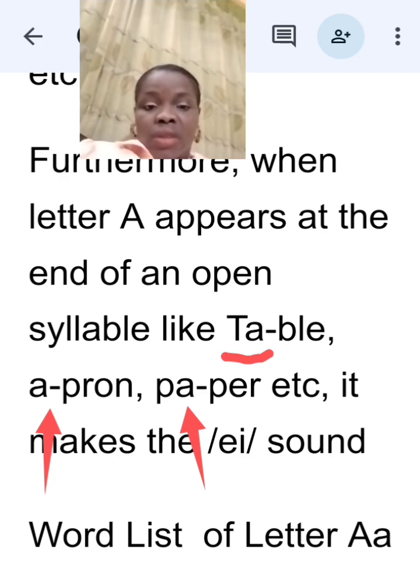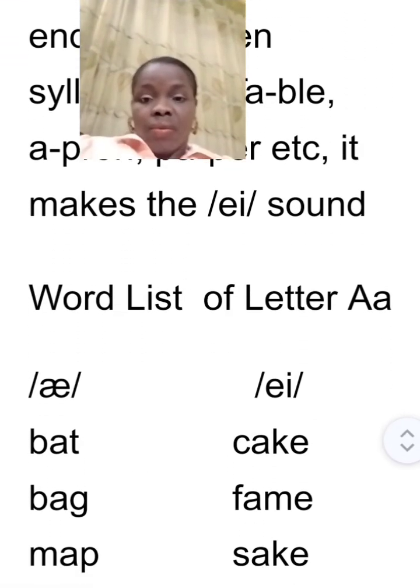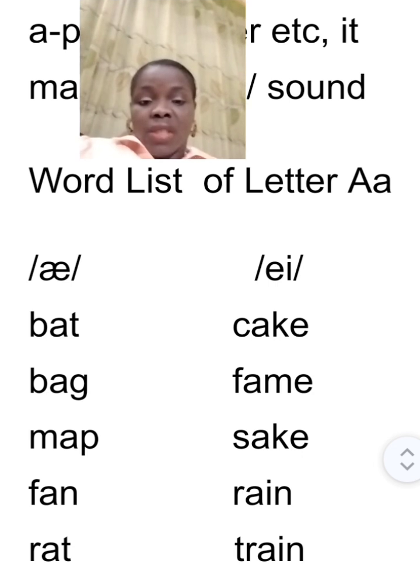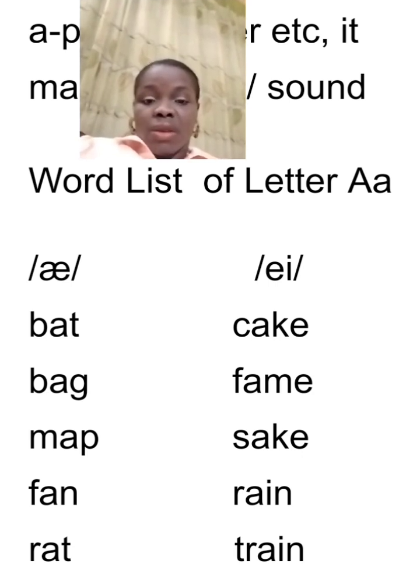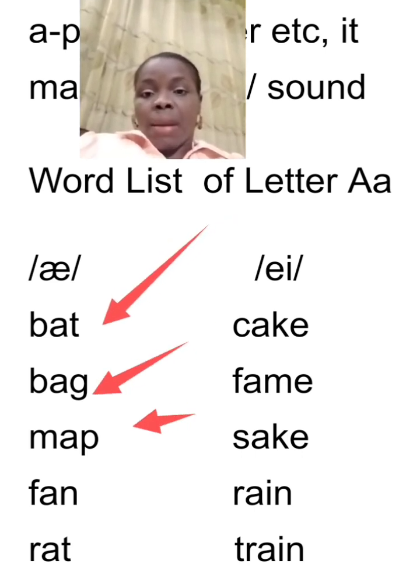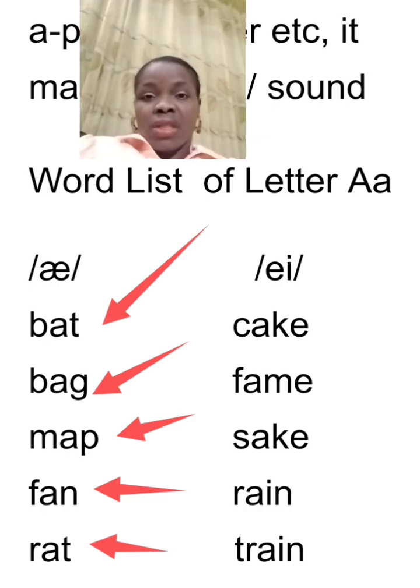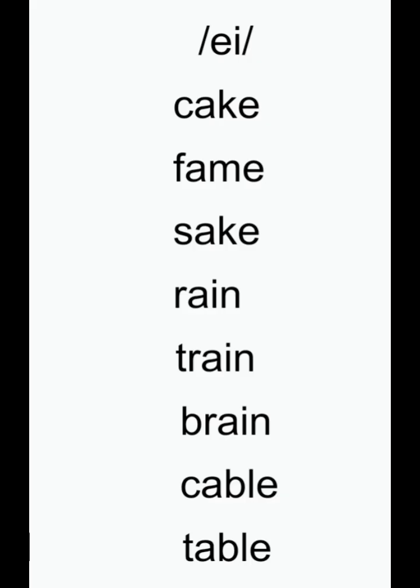Now let's look at some word lists of this sound so we can understand better. Under this, we have the short sound of A and we have the long sound of A. Having known the reason behind this, we have bats, bag, map, fan, rat. Remember, when you pronounce this, you take it one after the other.